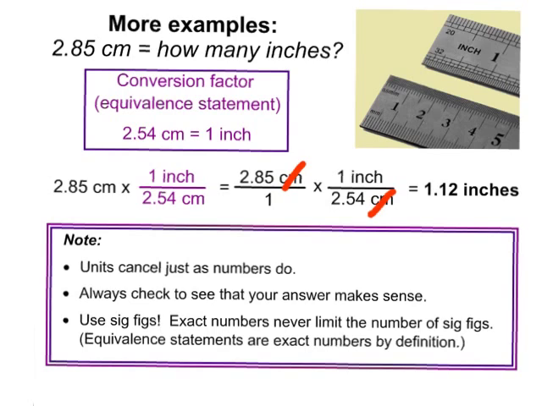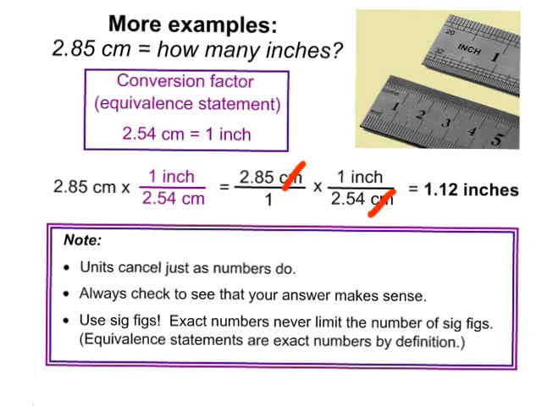Use sig figs. We just learned about significant figures. Make sure that your answer reflects the appropriate number of sig figs, and it does. The smallest number of sig figs in this problem would be here. We have 1, 2, 3 sig figs. So we can put 1, 2, 3 sig figs in our answer because we're multiplying and dividing.